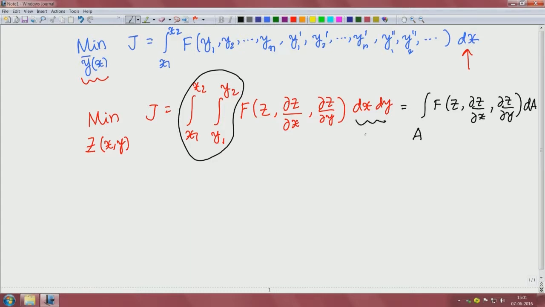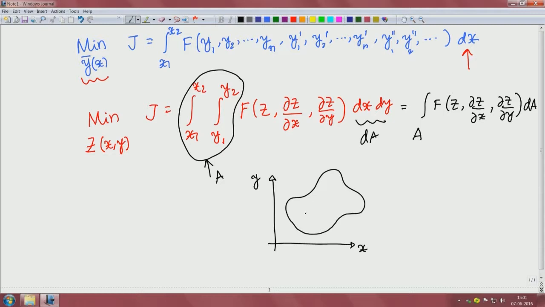This is dA and this region is A. If I take x and y, let us say this is x and this is y, some arbitrary region, that is our A. Over that we have a function that is defined.